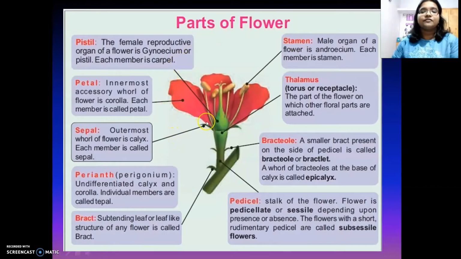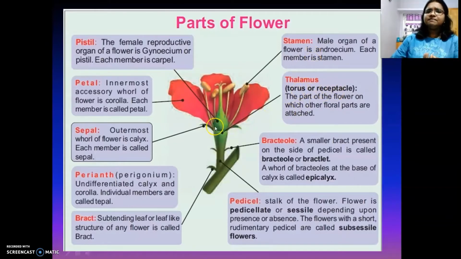Before that, you have to know that all these whorls, the sepals, petals, and the male and female reproductive parts, arise from a particular part of the flower, which is called the thalamus. It is the part of the flower on which all other floral whorls are attached. The thalamus is also called the torus or receptacle.